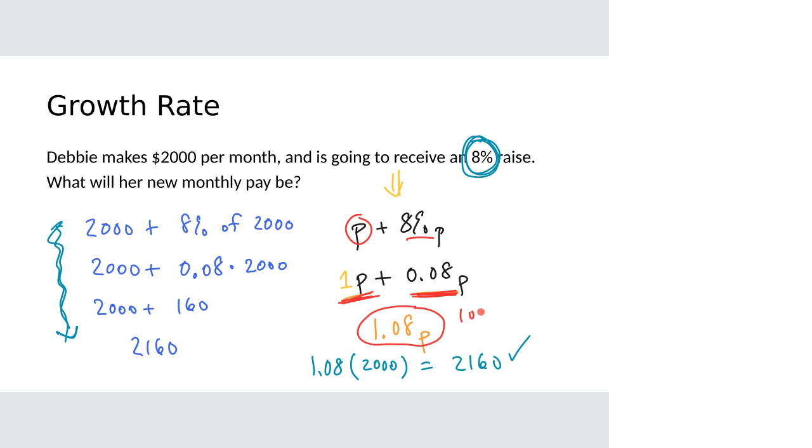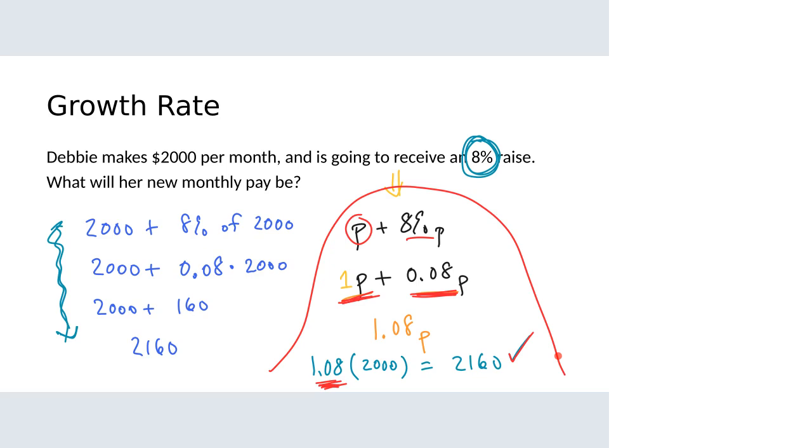Or this is 108% of her old salary is what her new salary is going to be. And so multiplying by 1.08, that just gives us her new salary. If that's comfortable for you, that's fantastic. If it's not, please let me know, because we're going to use that concept as we go forward. Okay, outstanding.